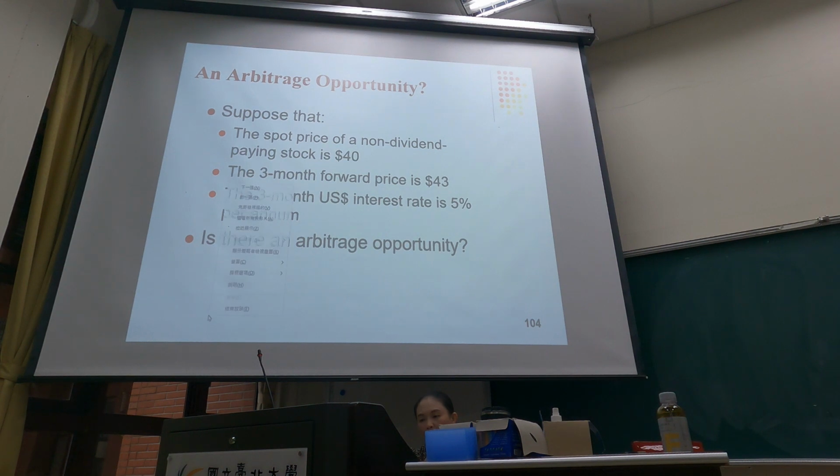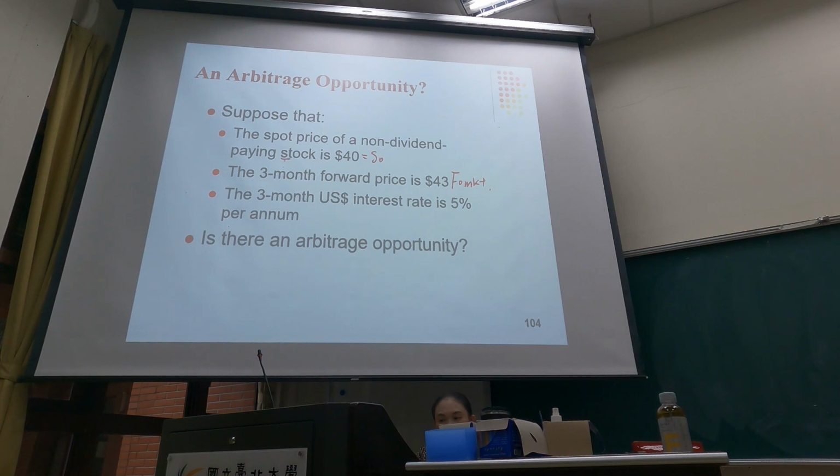So you can also practice this in the comparison between stock futures and the stock spot. Okay, the spot price of the non-dividend paying stock, that's the S0, is 40. The 3 months forward price is 43. That's the F0, remember, market. Okay, the 3 months US interest rate is 5% per annum.